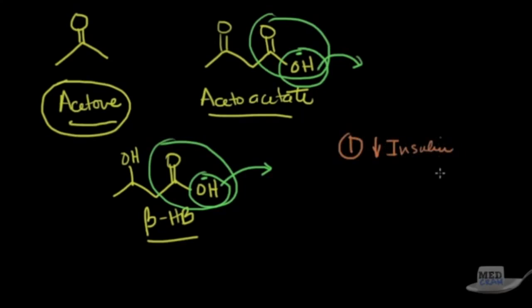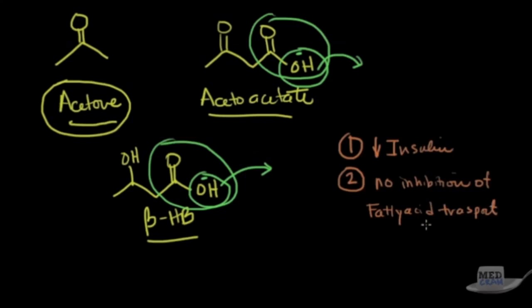And as a result of that, we see blood sugars go up, yes, but I think the biggest thing that you ought to pick up from that is number two, that there is no inhibition of fatty acid transport into the matrix of mitochondria.